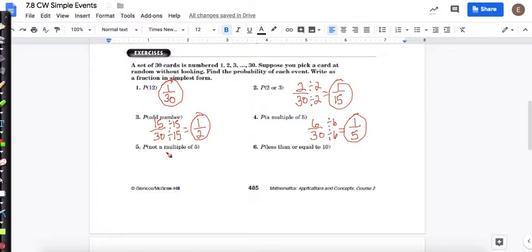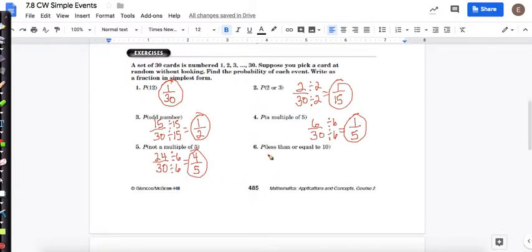So 30 minus 6 is 24 out of 30. Now they're both even, so I could divide by 2, but I'm going to divide by 6 because I know that 6 goes into 24 and 30 evenly. 24 divided by 6 is 4, and 30 divided by 6 is 5. So 4/5.